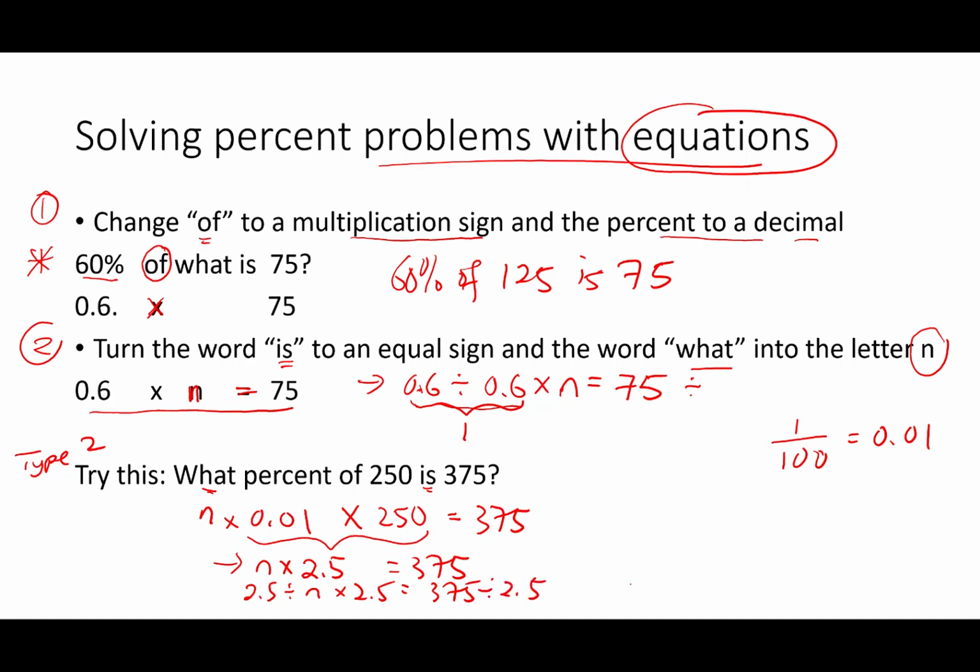Therefore n is equivalent to 375 divided by 2.5. Again, you do a decimal division and you will find that the answer is 150. So, what percent of 250 is 375? It will be 150% of 250 is 375.